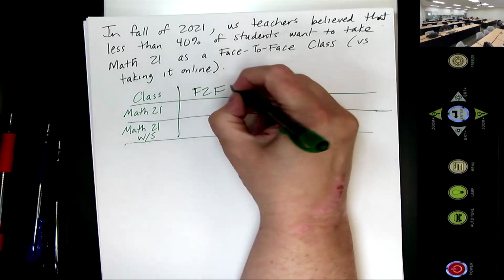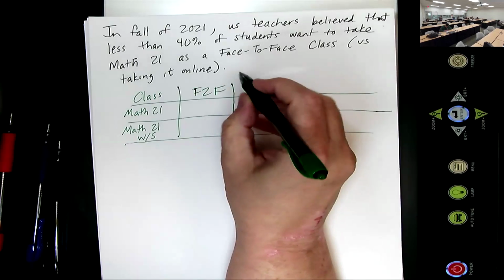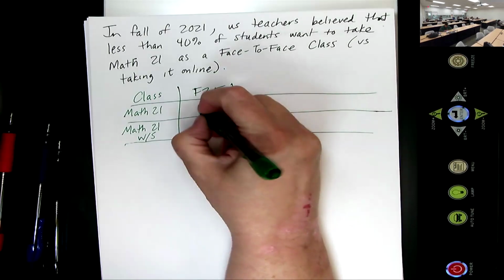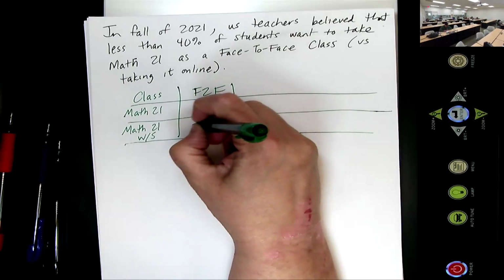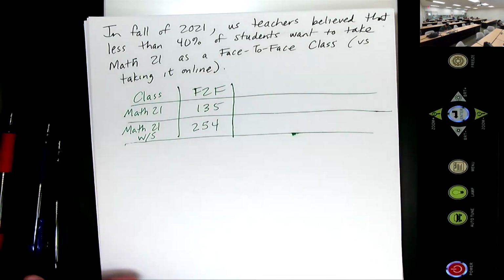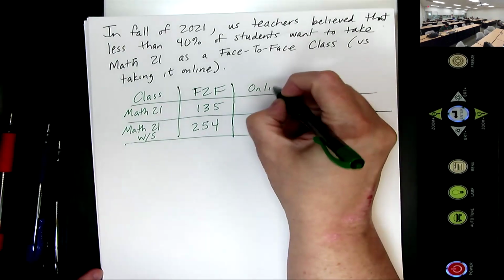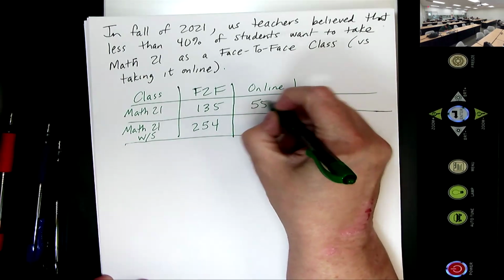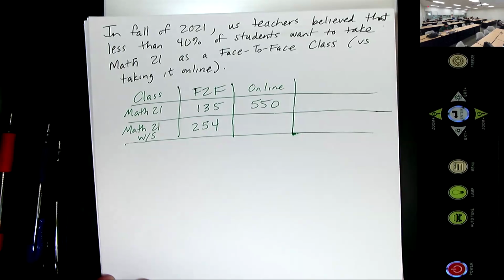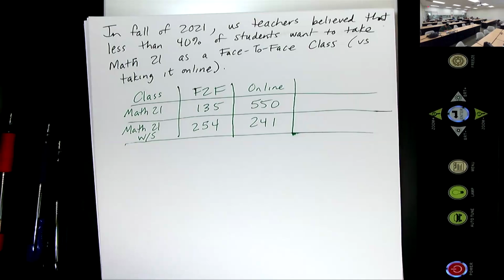F2F will be face to face. 135 students enrolled for that, 254 enrolled for the support version face to face. And our online students: we had 550 for Math 21 and 241 for the support version.